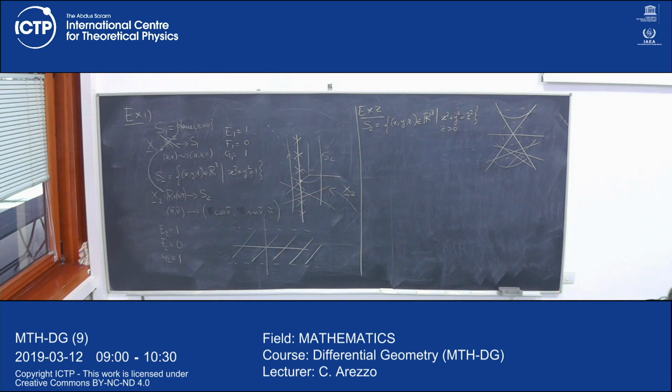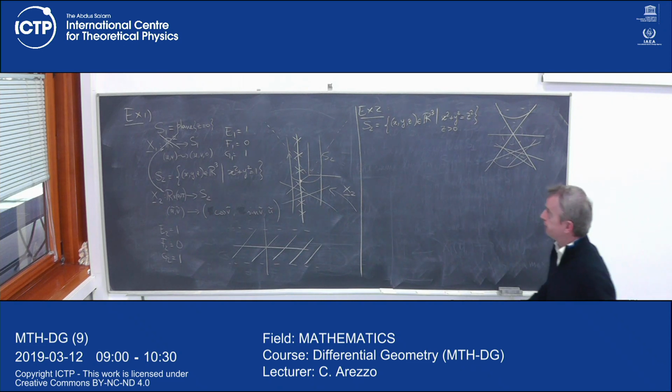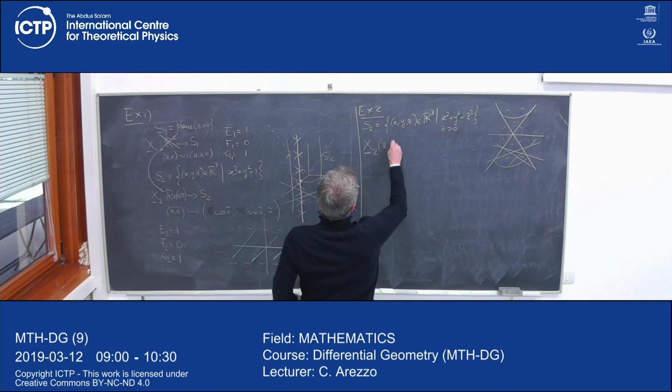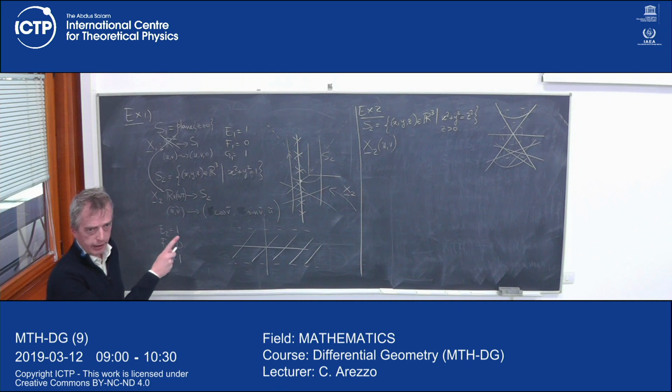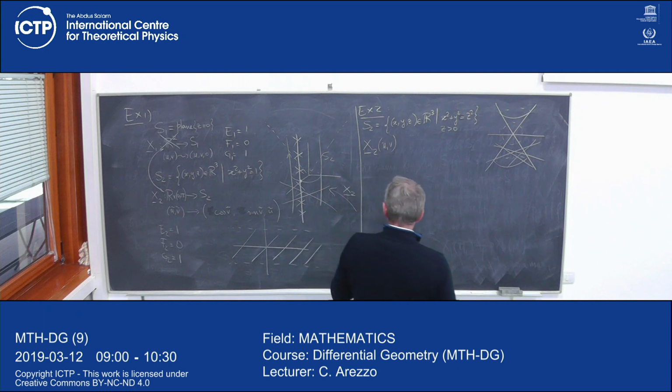In fact, I propose the following parameterization of this piece of the cone. I will tell you later where I take the parameters. So first I write down the map. I take x(u, v).